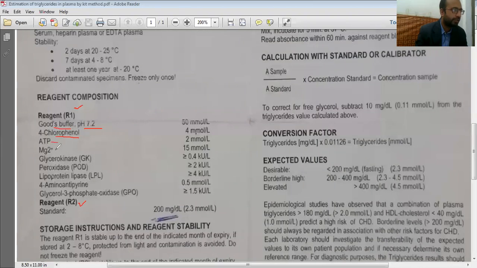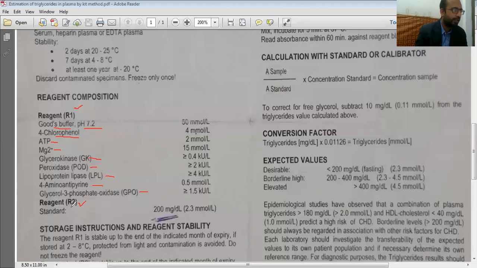It is providing us ATP, magnesium, glycerokinase, peroxidase, lipoprotein lipase enzyme, 4-aminoantipyrine, and glycerol 3-phosphate oxidase. All these enzymes are available in the R1 bottle in MTT Diagnostics kits.